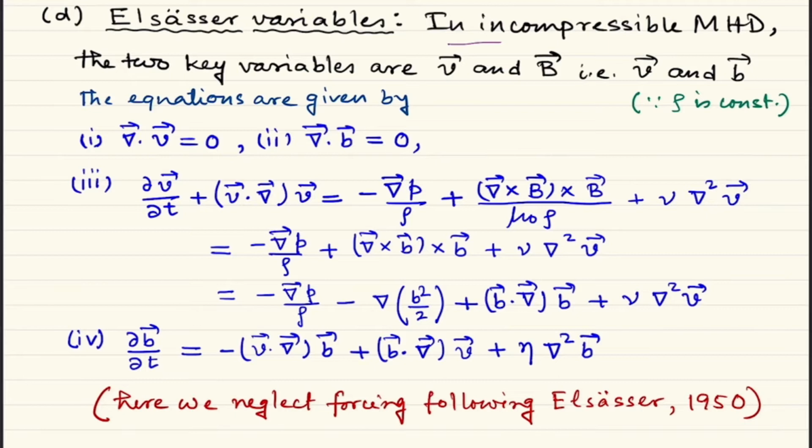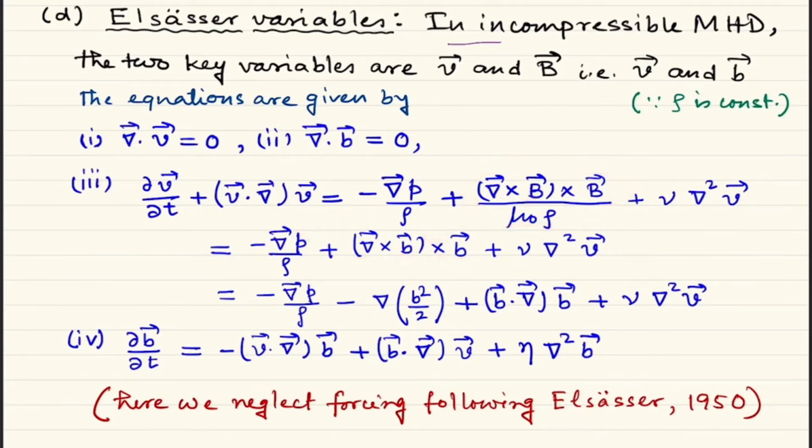However, here we just omit that and we write the right hand side as the pressure gradient force, Lorentz force, and the viscous force, which is nu times Laplacian V, or nabla square V. Now this term is kept intact. The Lorentz force term can now be written as curl of small b cross small b, because when every capital B is divided by root over mu 0 rho, it gives one small b.